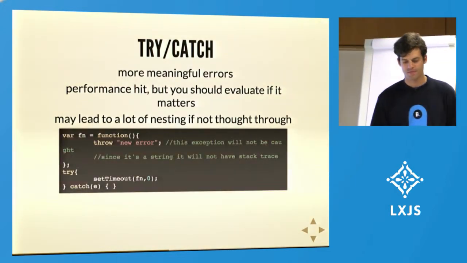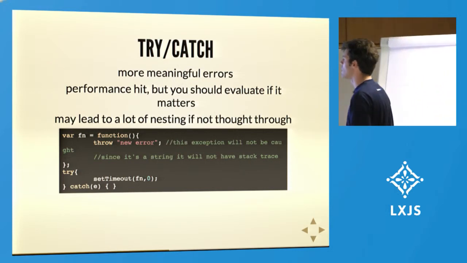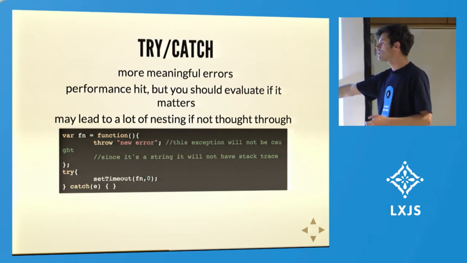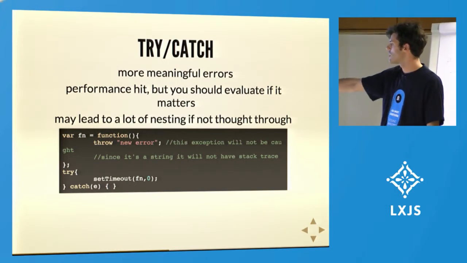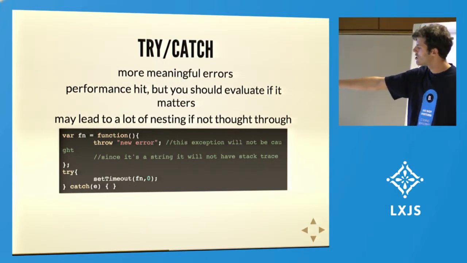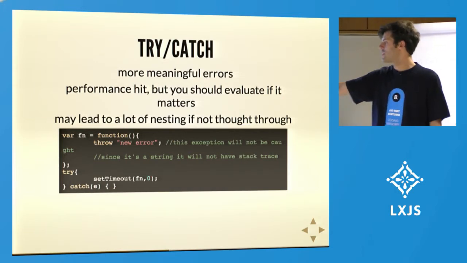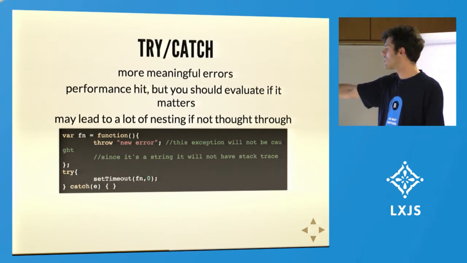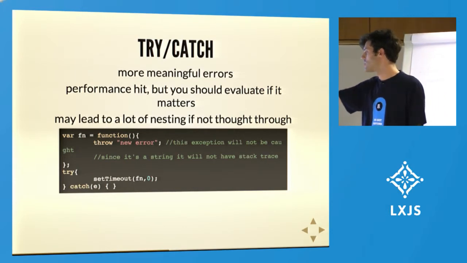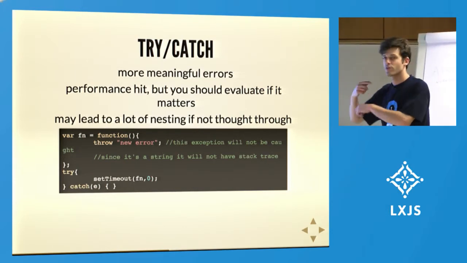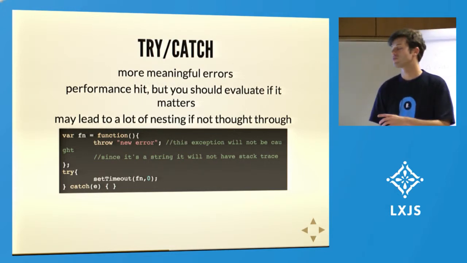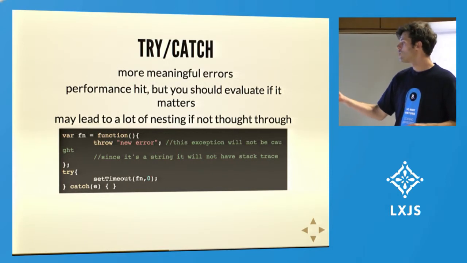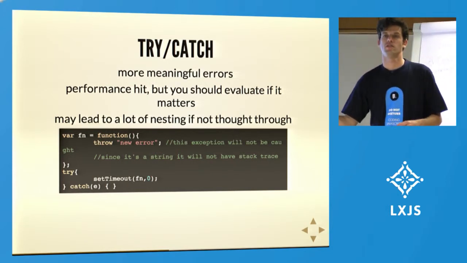So, for example, in this simple example, you have a function with a try-catch, and the function is called on fn. The problem is that since that function is going through another moment in the thread, because of the setTimeout 0, you never catch that error.